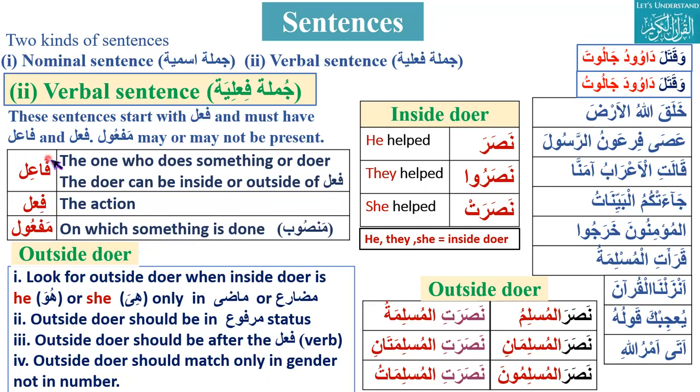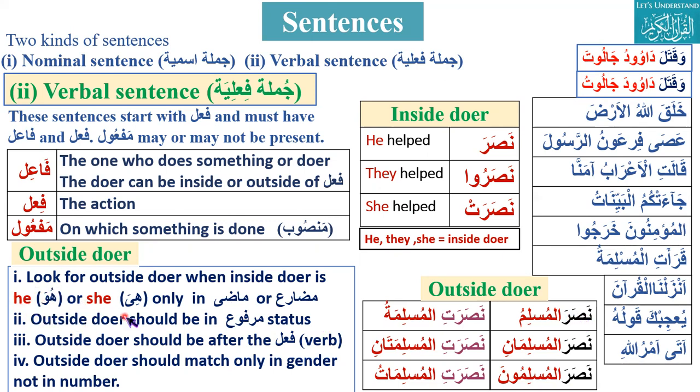If you say nasaru, can you please tell me what is fi'l and what is fa'il here? Nasaru, the fi'l is nasara, help. What about nasaral muslimu? Nasara is he helped, but that he is the inside doer.